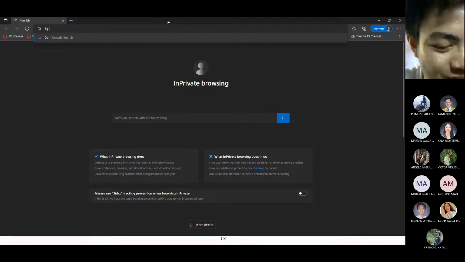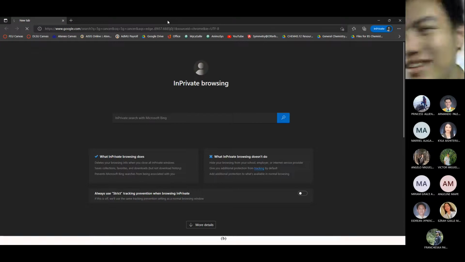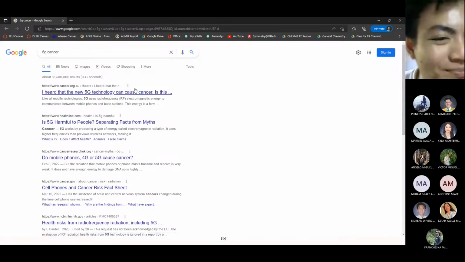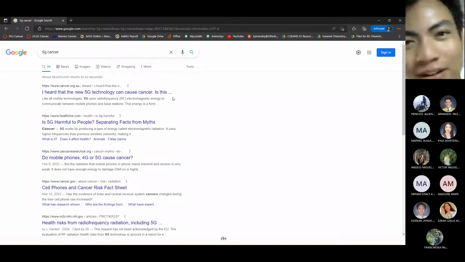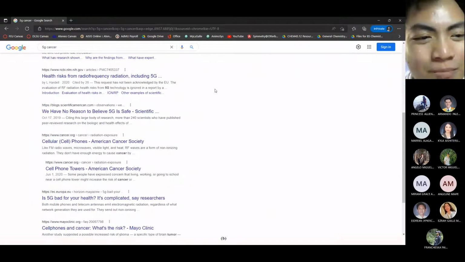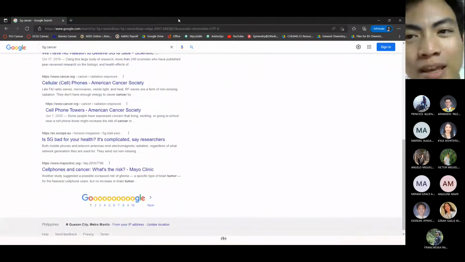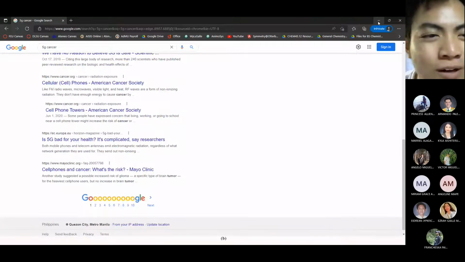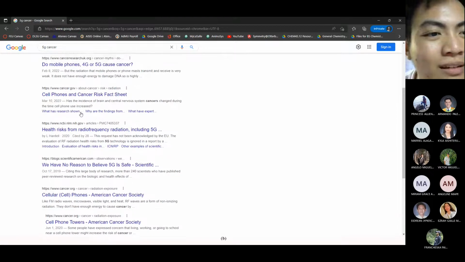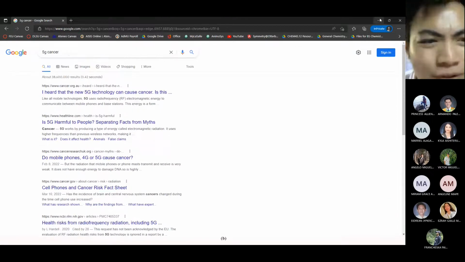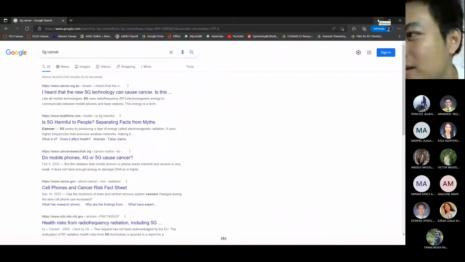So, 5G cancer. So, siguro familiar kayo dito. Ito sinasabi nila. So, 5G can cause cancer daw. And it's really prevalent in United States where 5G is being rolled out. So, yan. So, do you think they can cause cancer at all?